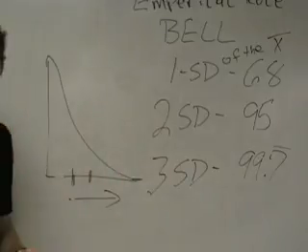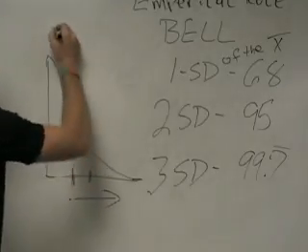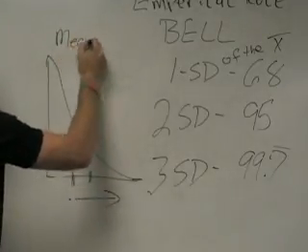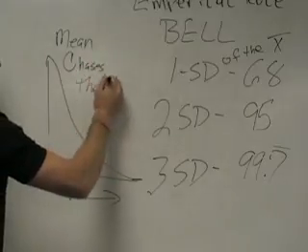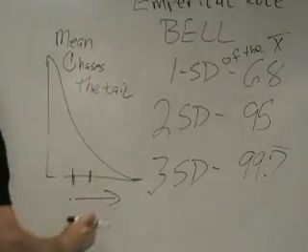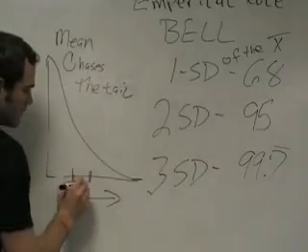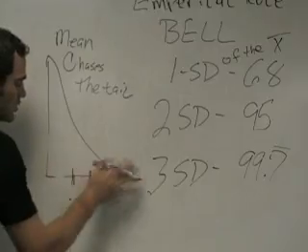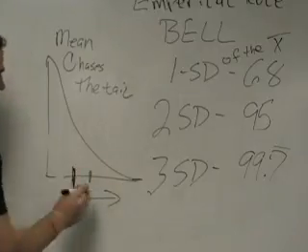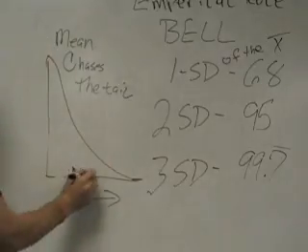Now, if that just didn't make much sense, think about this little rule. The mean chases the tail. If the mean is to the right of the median, you know that your distribution is skewed right.